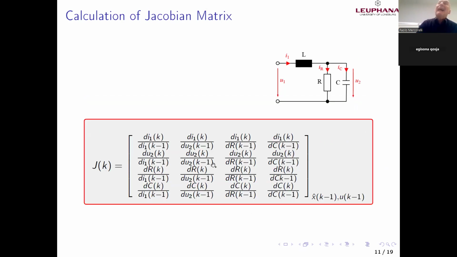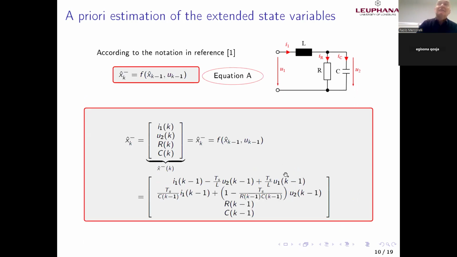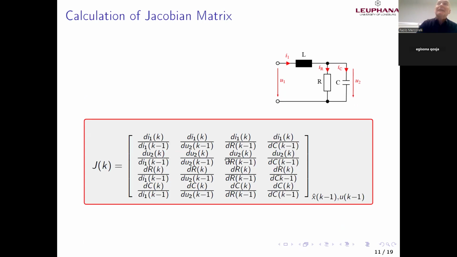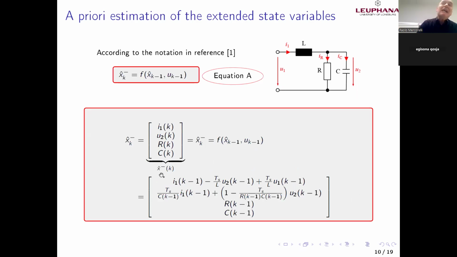If I apply this definition to this system, we can see the derivative of I1 with respect to I1, the derivative of I1 with respect to U2, and so on. But I1 is this line here. It's not clearly visible, but you can see here, I1 of k is equal to this expression.